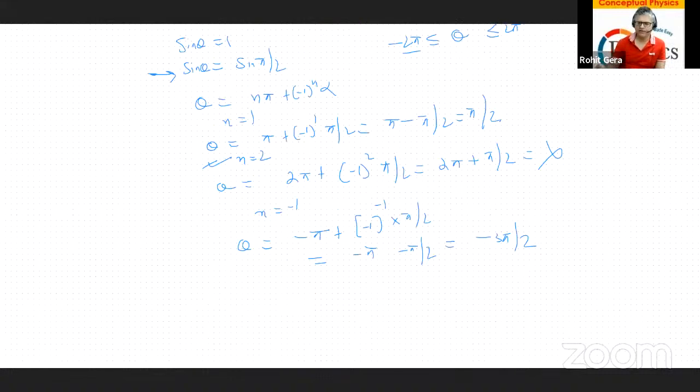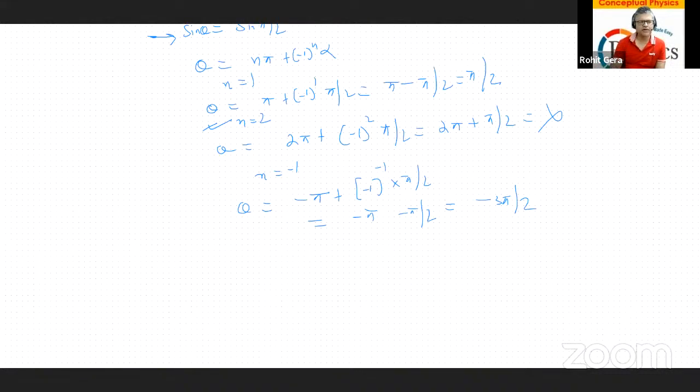is equal to -3 pi by 2. Okay? Even if you do the calculation of sine of -3 pi by 2, this will be what? Minus sine 3 pi by 2 is equal to minus sine pi plus pi by 2. Third quadrant, minus of sine of pi by 2.